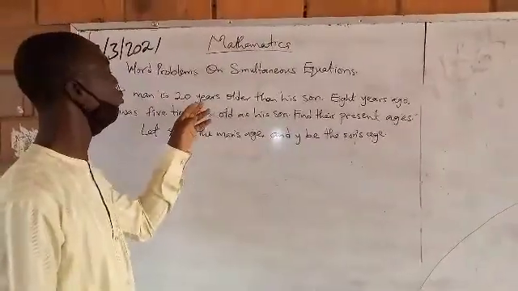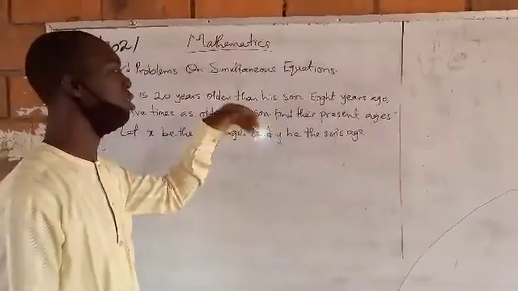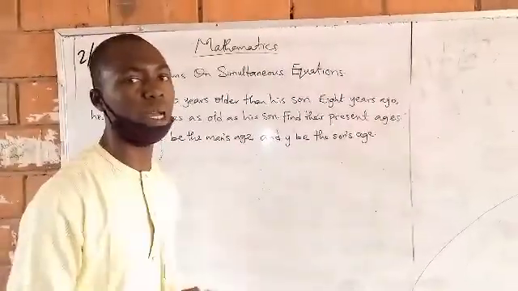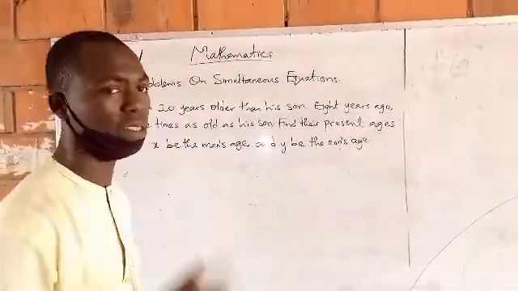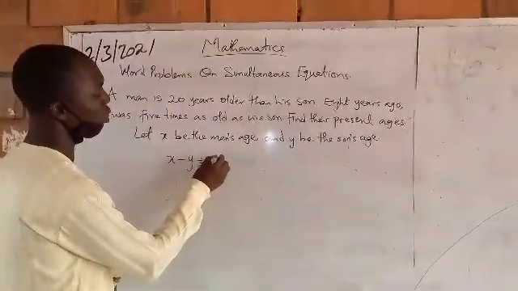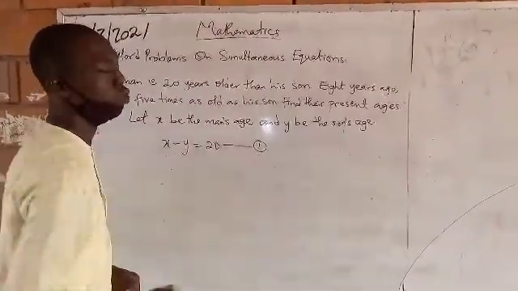Now, a man is 20 years older than his son. That shows if you subtract the son's age from the man's, we have 20. That is x minus y equals 20. This gives us equation 1.